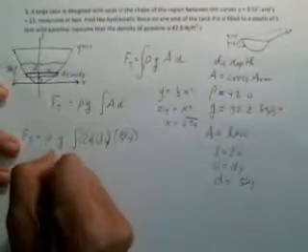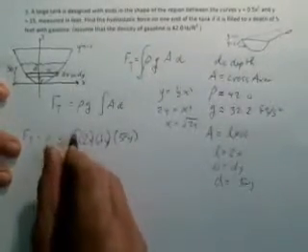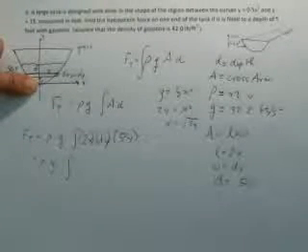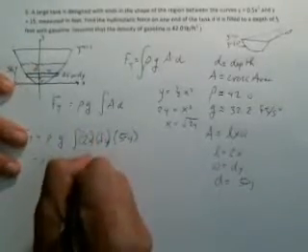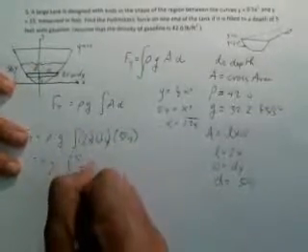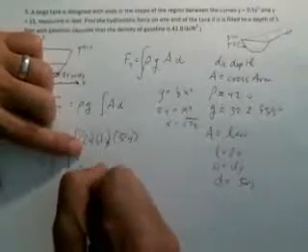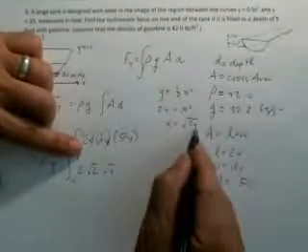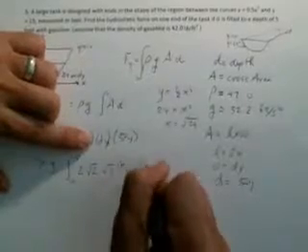So that's equal to rho times g times the integral, where the limits of integration start at 0 feet and go up to 5. So this is from 0 to 5, of 2 times x, which is square root of 2 times the square root of y. That's the same thing as square root of 2y, times 5 minus y dy.